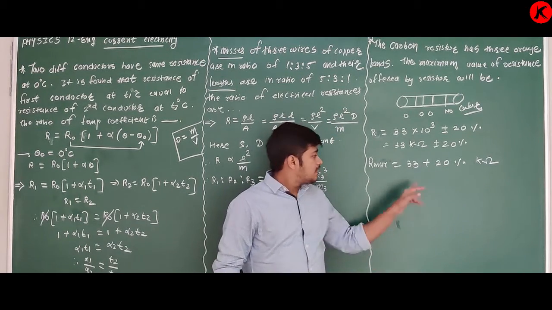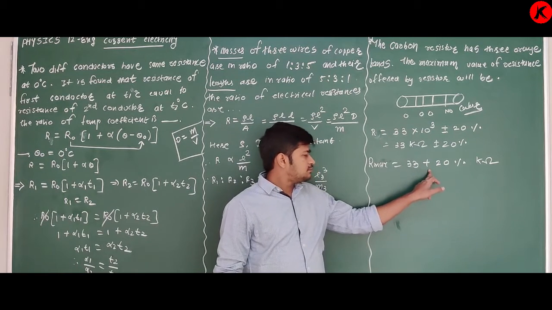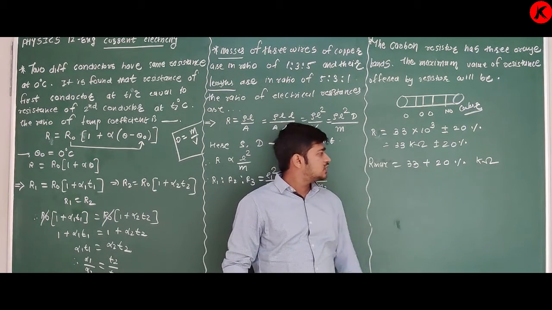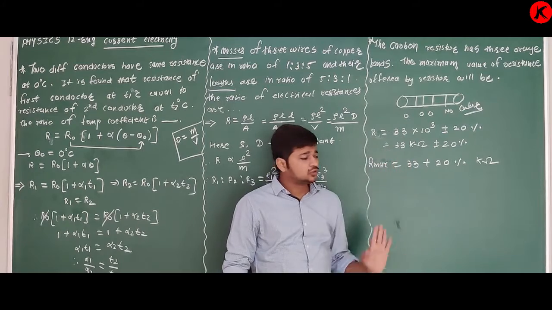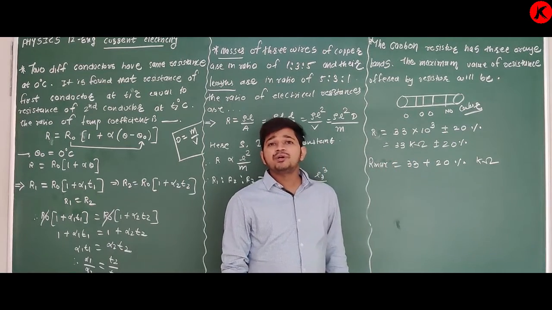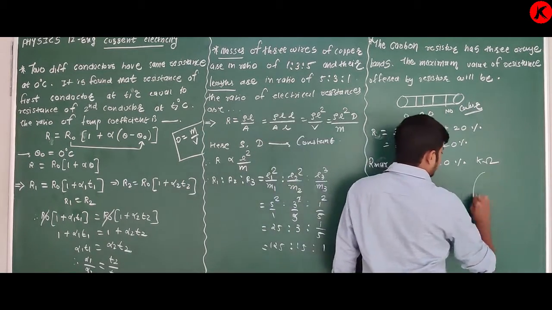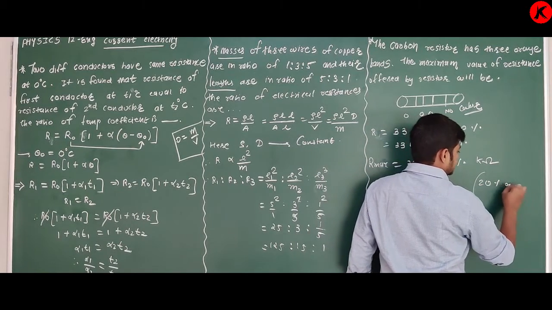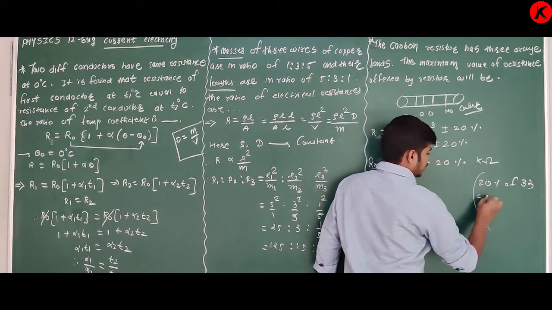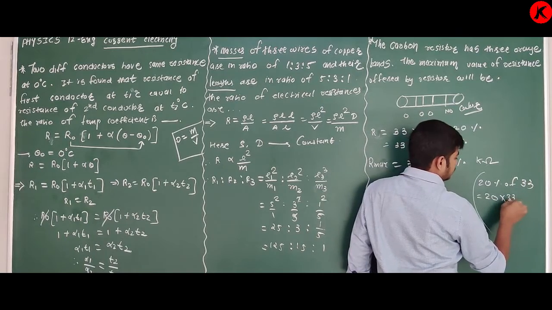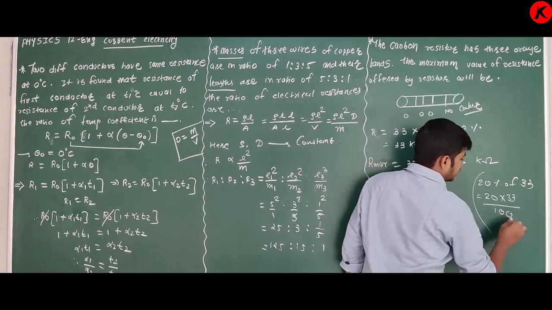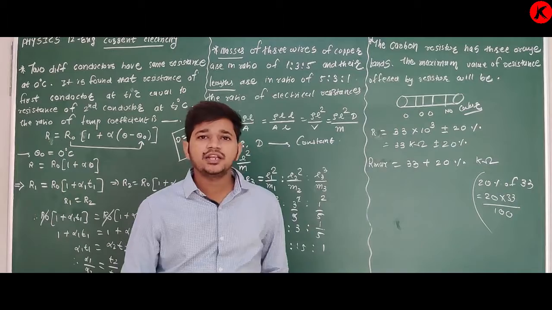Now you have to find 20% of 33. 20% of 33 means 20 into 33 divided by 100.